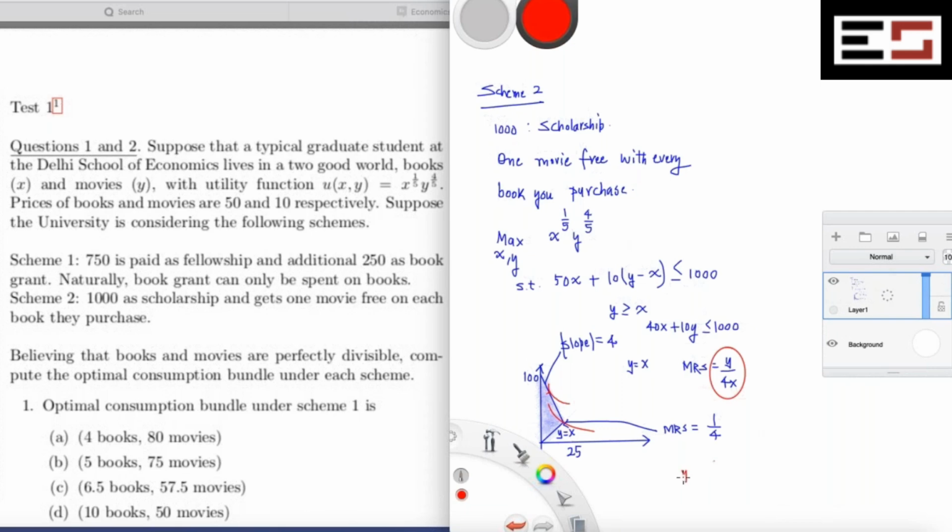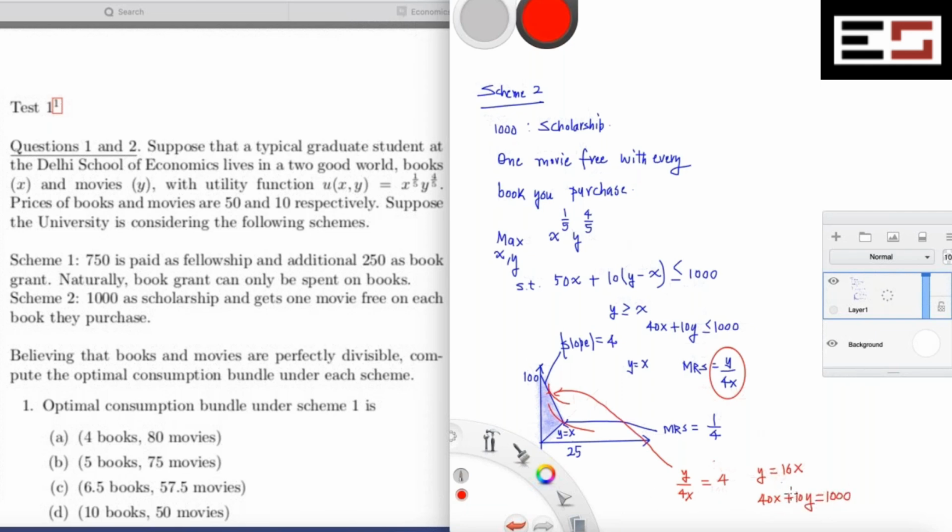So at this point, y by 4x must be equal to the slope of the boundary of this constraint, which is 4, which means y must be equal to 16x. The second thing that is true about this point is that it lies on this line, which is basically 40x plus 10y equal to 1000.